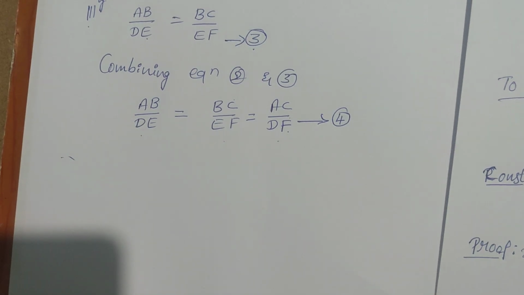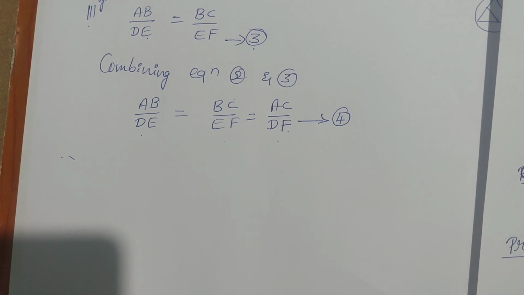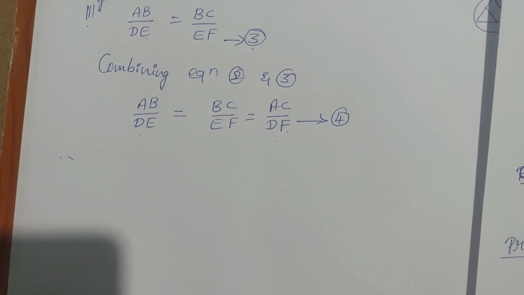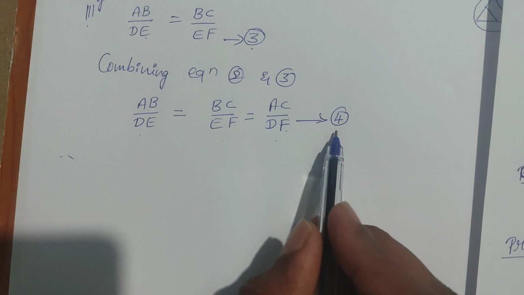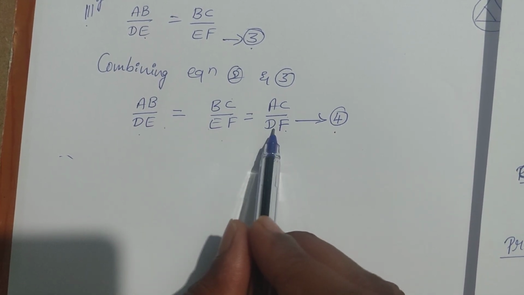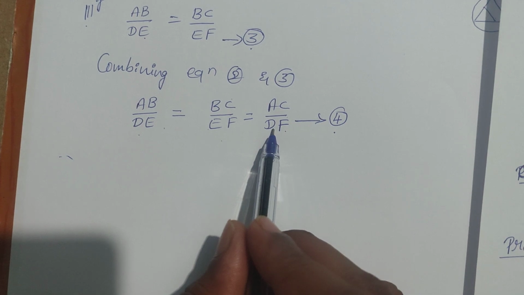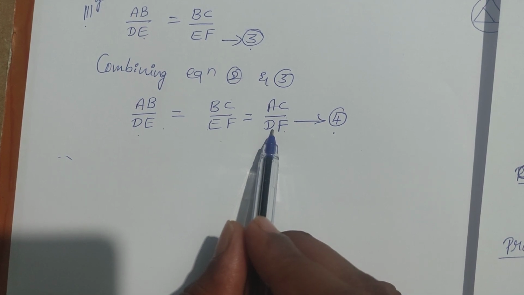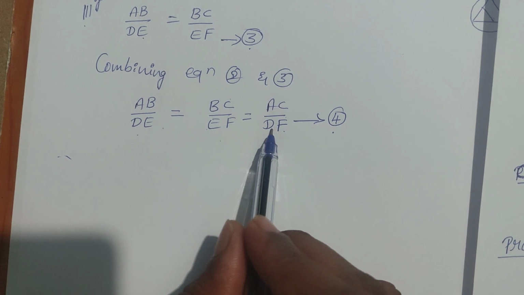In the data we know already the corresponding angles are equal, and in equation 4 the corresponding sides are in the same ratio.